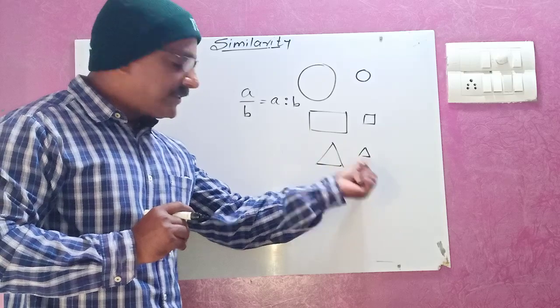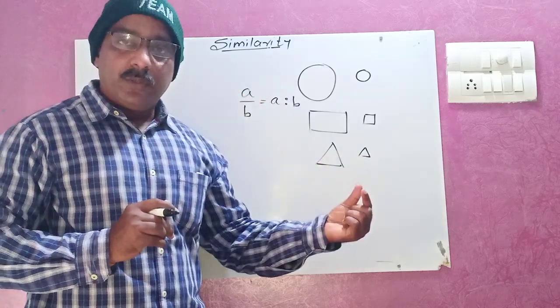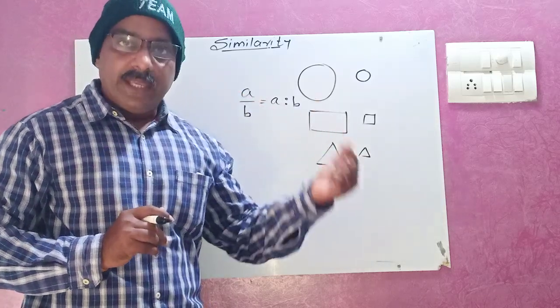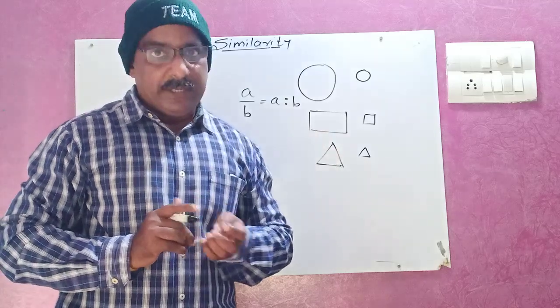These two are the triangles, children. We will talk about the ratio of area of two similar triangles.